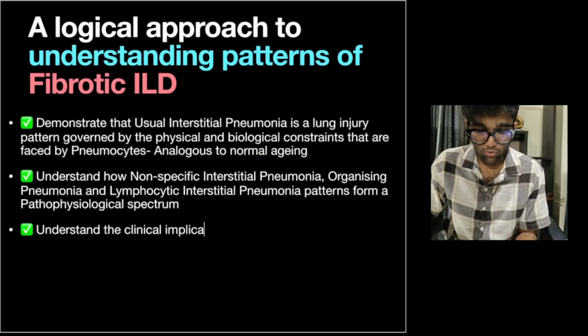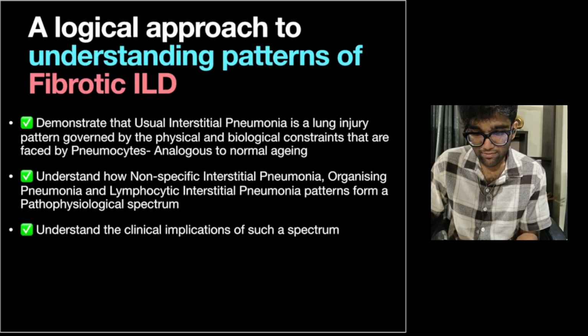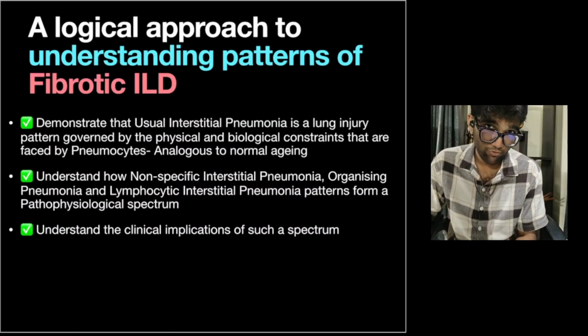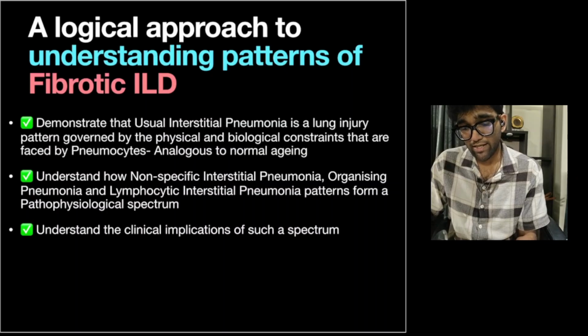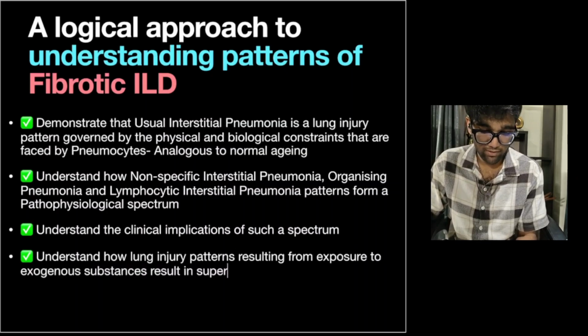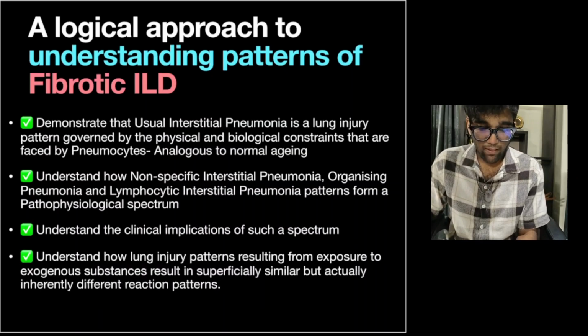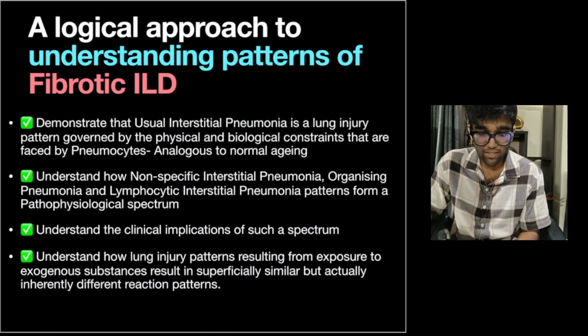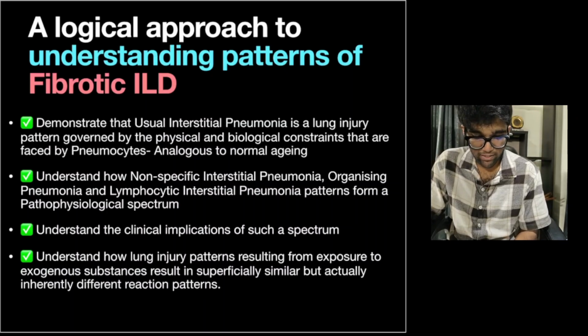Third, I hope you understand the clinical implications of this spectrum, what workup needs to be done, what primary systemic autoimmune disorders need to be evaluated for, or genetic disorders considered, with these specific lung patterns. I hope I have also made it clear how lung injury patterns resulting from exposure to exogenous substances result in superficially similar but actually very different reaction patterns.